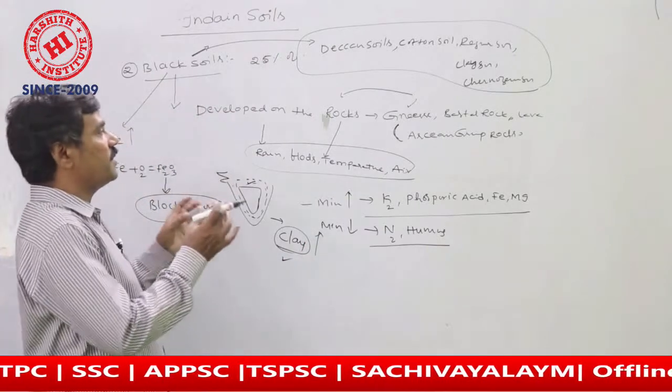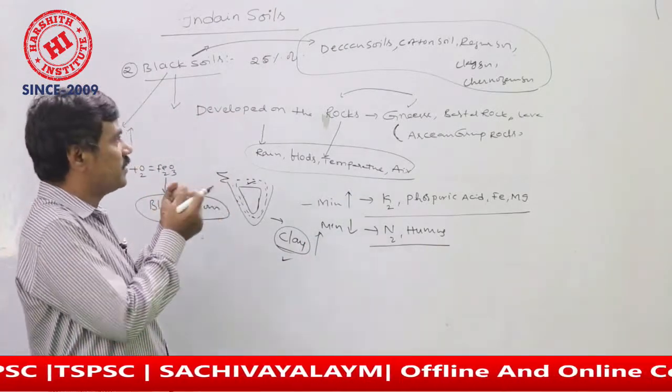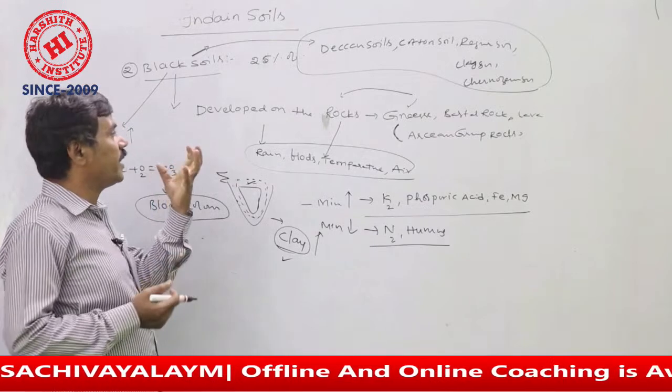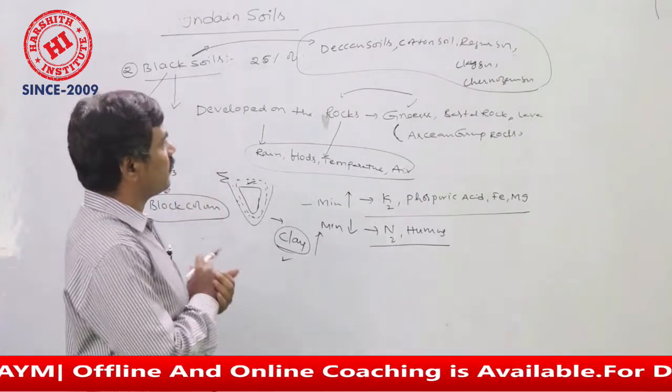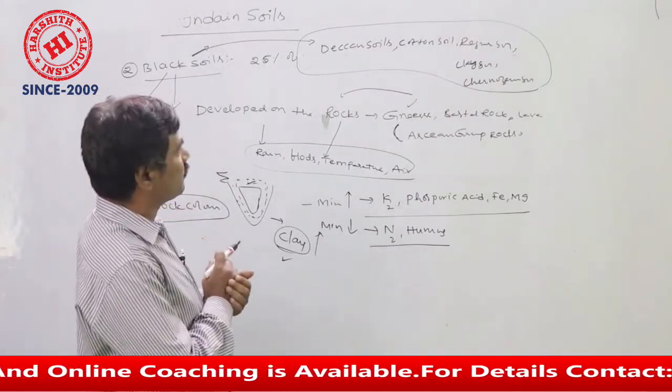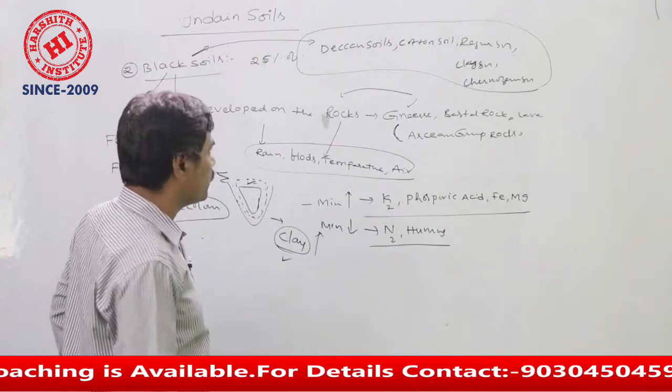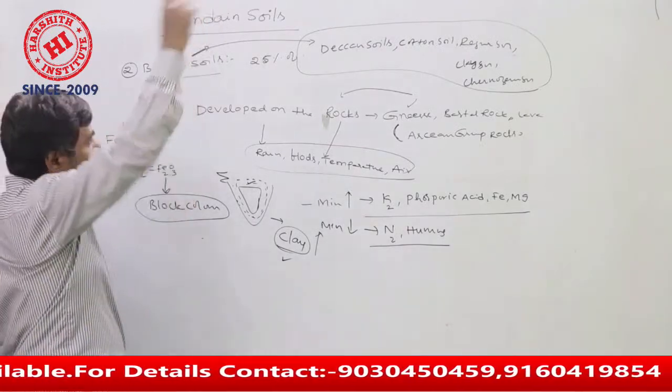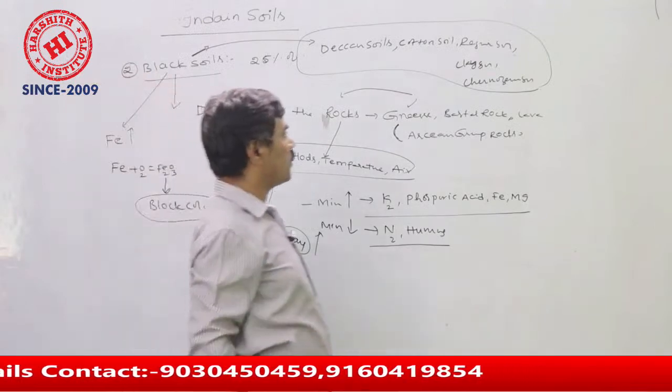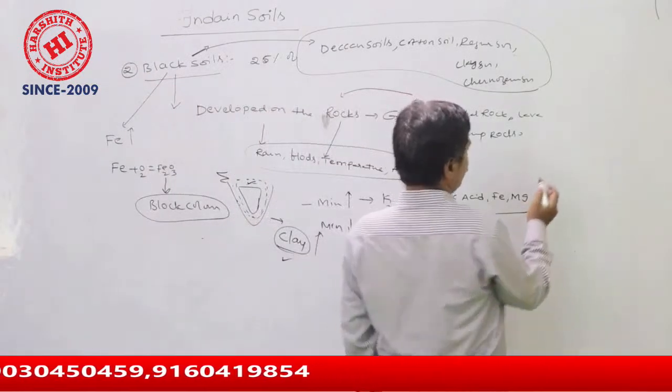Chernozem means the soil looks a thick black color. So these are the other names of black soils.